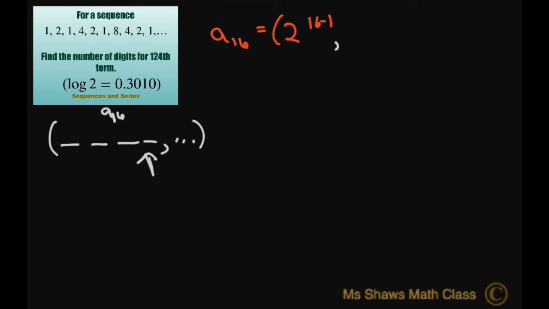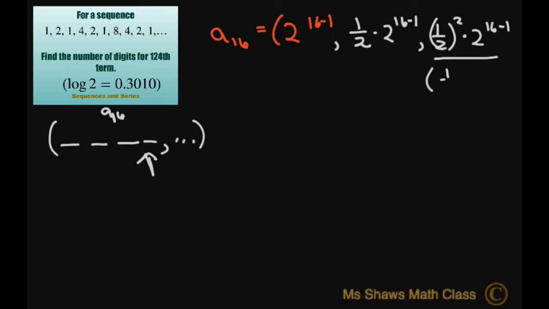The next one's going to be 1/2, because that's your common ratio, times 2 to the power of 16 minus 1. The next one's going to be 1/2 squared times 2 to the power of 16 minus 1. And then the one we want is 1/2 to the power of 3 times 2 to the power of 16 minus 1. So this would be your first term here, this one would be this one here, and this is the one we want.